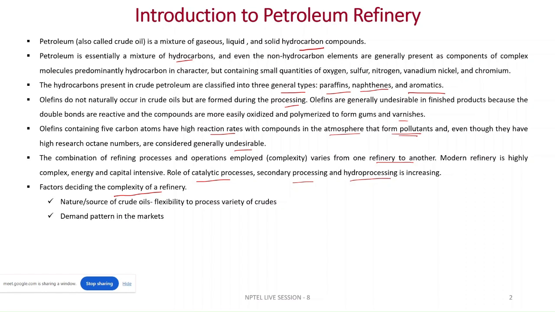Based on the demand, the processing involved will be used accordingly. Product quality, current or near future, and based upon that product quality, the process involved also varies. Production of the feedstock for the downstream various operations, and also the interfuel substitution. These are some factors which define the complex nature of the refinery operation.